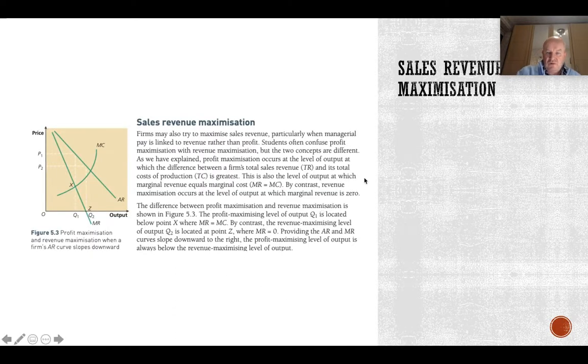Okay, let's take a look then at the other sales objectives, or the different types of objective that we might have. We talked a little bit about satisficing. We're going to talk about sales revenue maximization next. If you start looking at page 11 onwards, that's talking about satisficing, and there's a couple of questions on pages 11 and 12 that you might want to have a go at answering too.